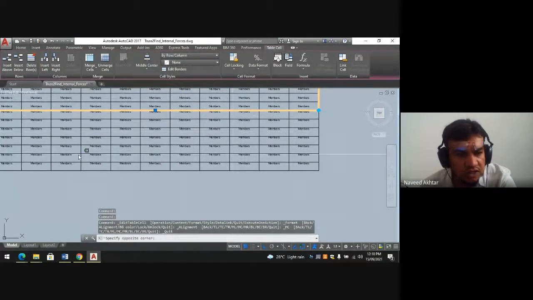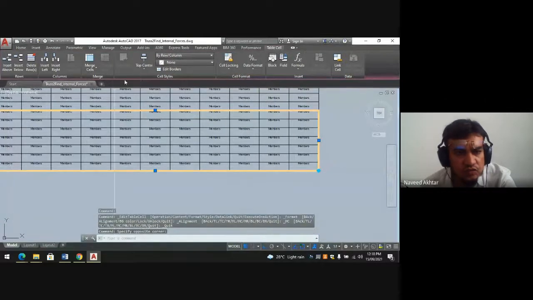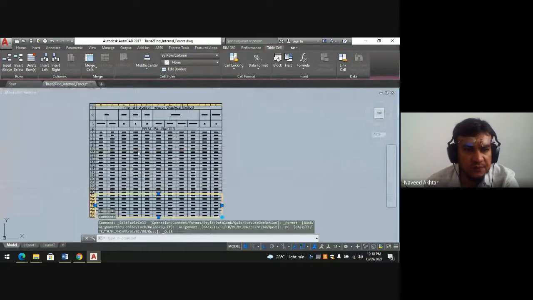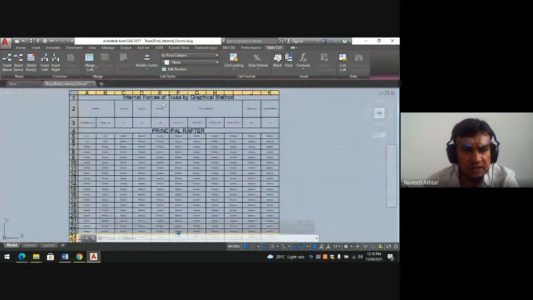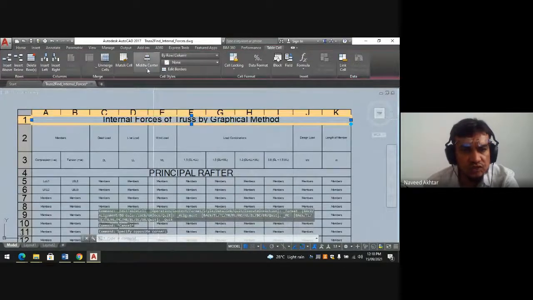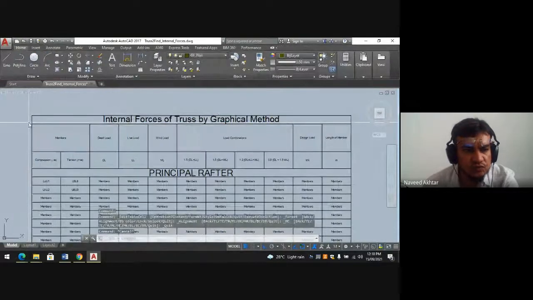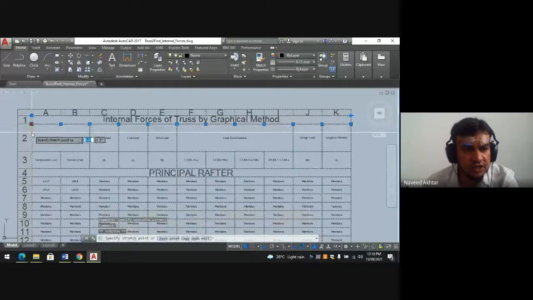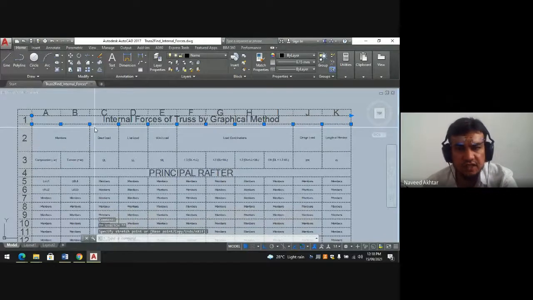Here also all cells we will select middle center. So all the values will come at the middle. Okay. So done this. It also we will select middle center. Now from this you can increase or decrease the row size, depending on you.